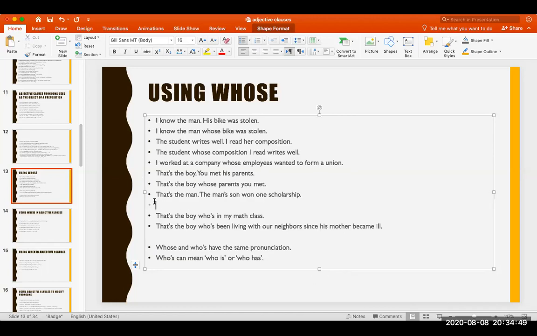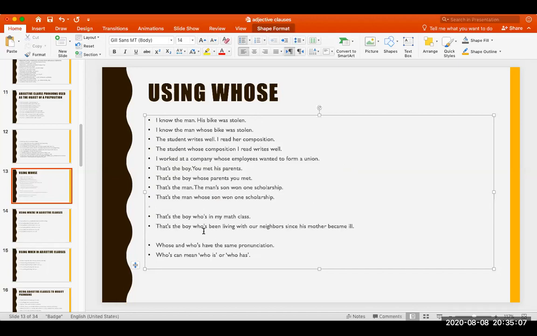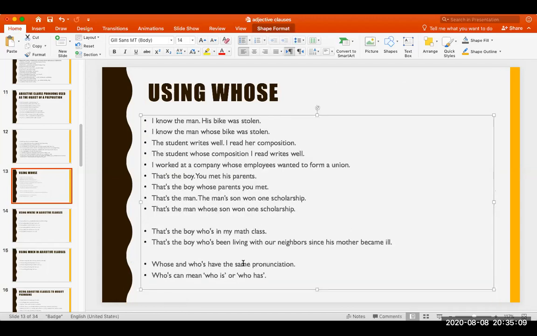So how do you connect this? That's the man whose son won one scholarship.